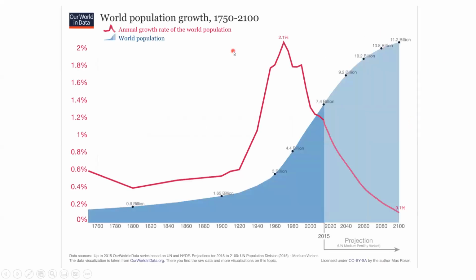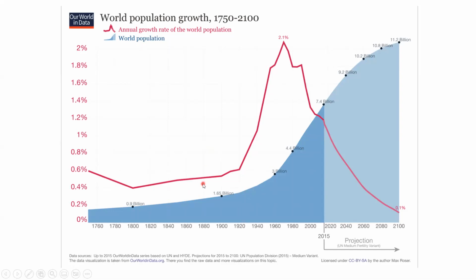So to start, we've just got a graph showing the human population over time, and you can see going back about 250 years, it was less than a billion up until about 1800, and it stayed pretty flat for the most part, all the way up until early 1900s, and then we started to see a pretty sizable spike around the 1920s.